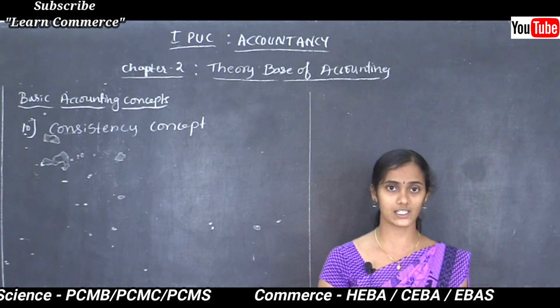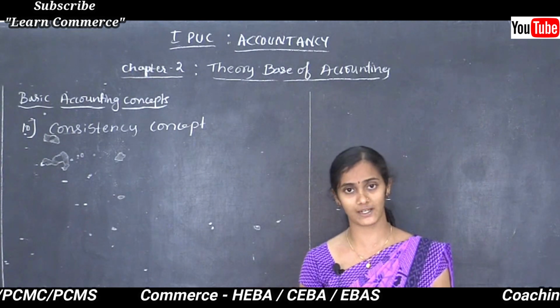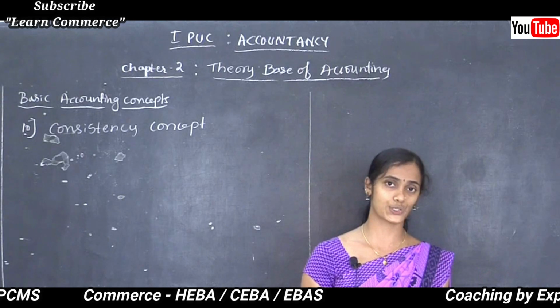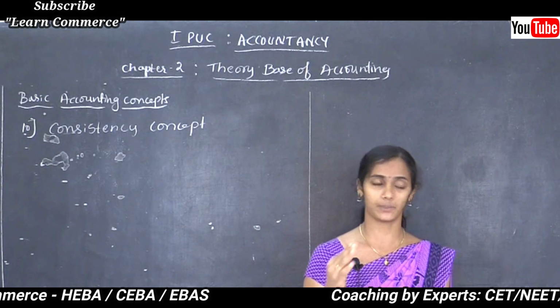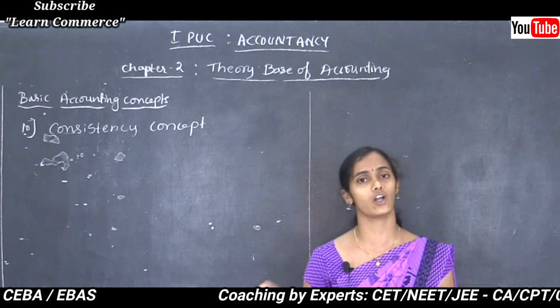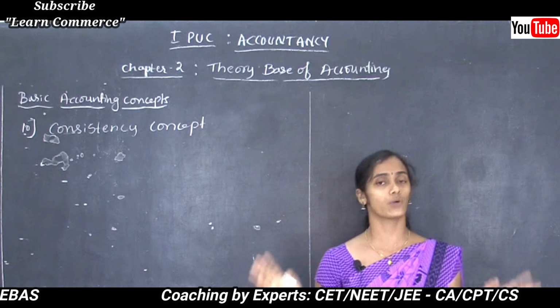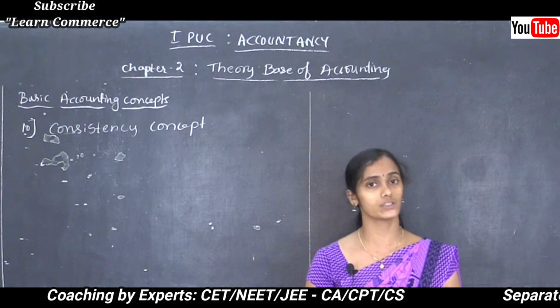So for that reason, in order to know the net profit of this present year and compare it with last year, we need to follow the same accounting methods in case of depreciation, or in case of preparation of profit and loss account or financial statements, whatever it may be. The organization needs to follow the same accounting methods.